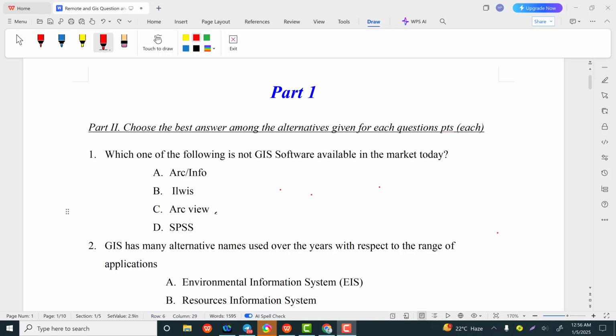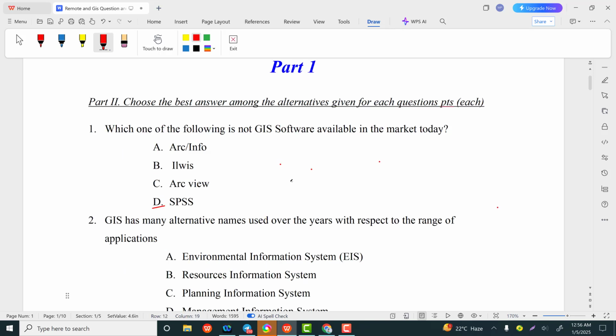ArcView is the oldest version of GIS, and SPSS is a statistical package for social scientists. It helps to analyze any type of statistical analysis. It helps to compute both descriptive and inferential statistics. So the answer is SPSS because the question is "not GIS software."